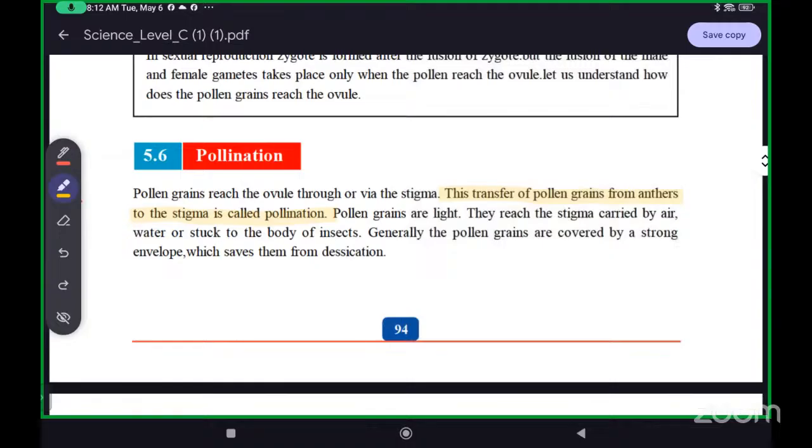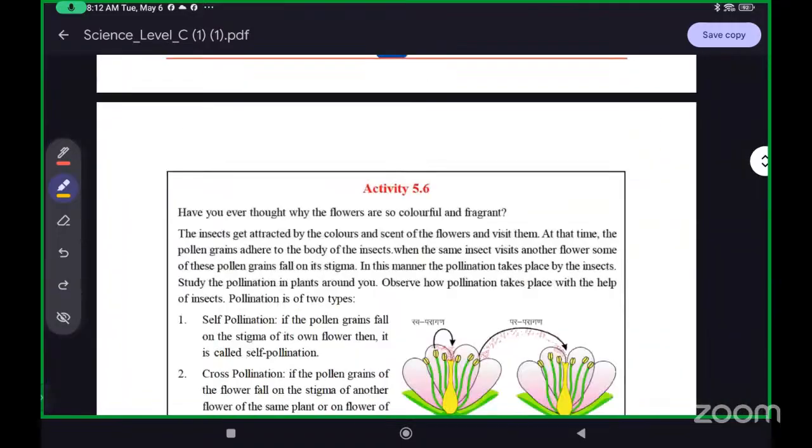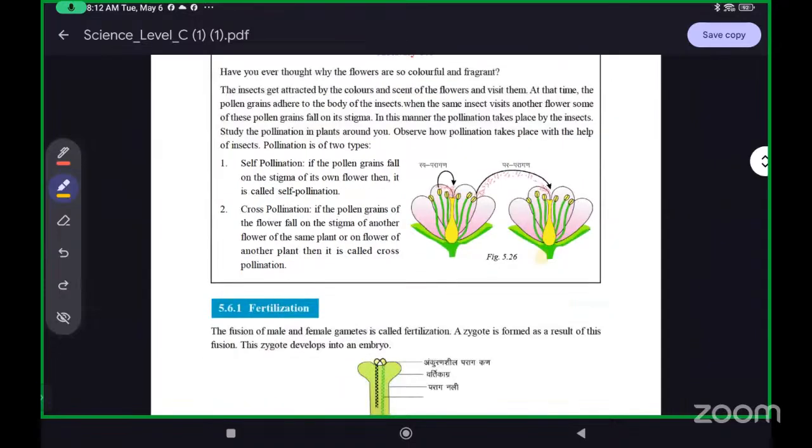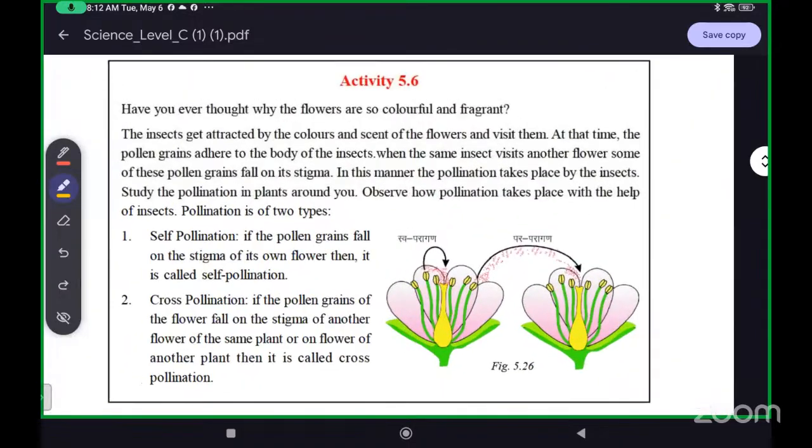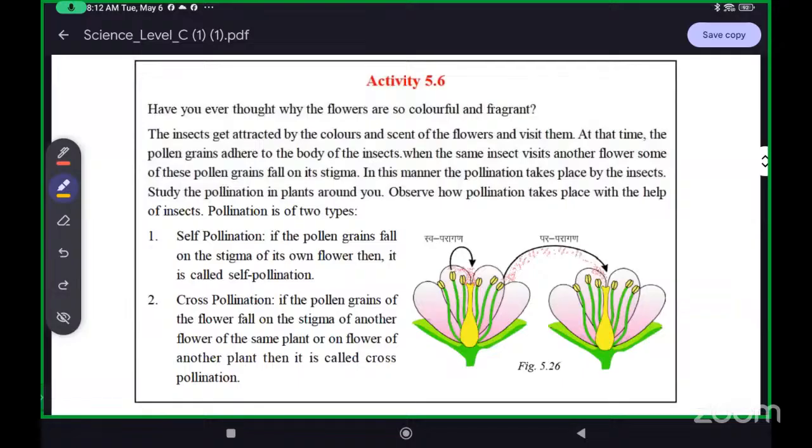When they sit on another flower, those pollen grains from the previous flower get transferred to the other flower, which pollinates it. Generally they are covered by a strong envelope which saves them from desiccation.